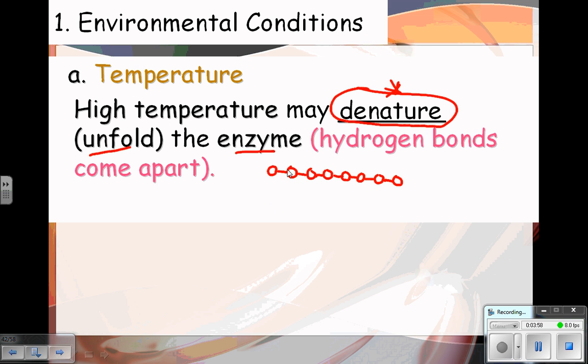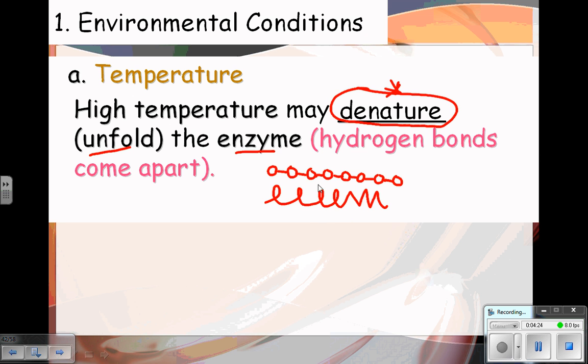Now, if I don't draw all my little circles, I can show you the secondary shape pretty easily. So here would be the secondary shape, and you're imagining that there are a bunch of amino acids strung along here, and that this chain is made out of amino acids. I just drew it a little bit more magnified. So you can get these alpha helices or these beta pleated sheets. That's the secondary shape.